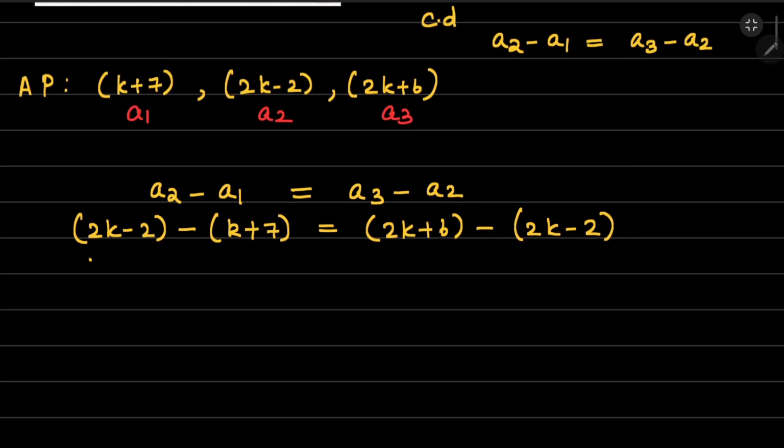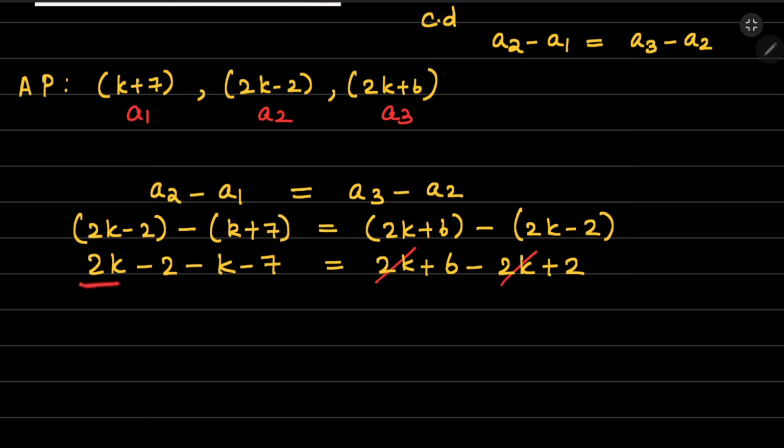Let's open the bracket and solve them. So 2K minus 2 minus K minus 7 is equal to 2K plus 6 minus 2K plus 2. Minus into minus is plus. So 2K minus 2K gets cancelled. What is 2K minus K?